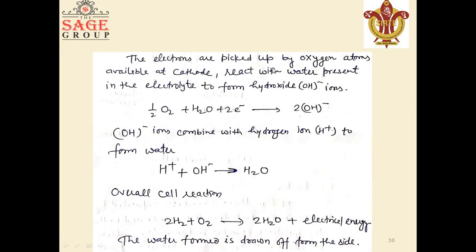The electrons are picked up by the oxygen atoms available at the cathode and react with water present in the electrolyte to form hydroxide ions. The reaction is half O2 plus H2O plus 2 electrons forms 2OH-, that means hydroxide ions.